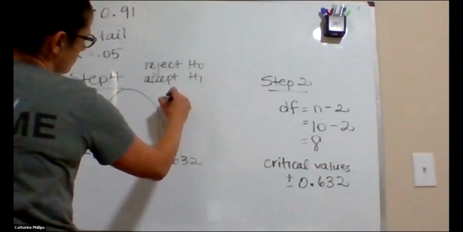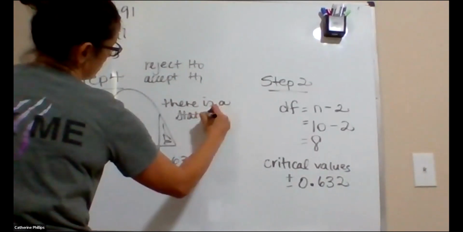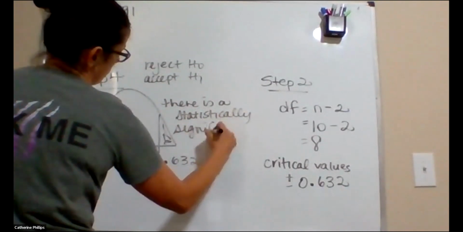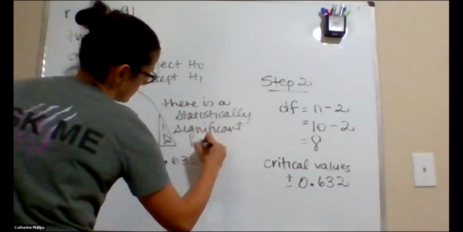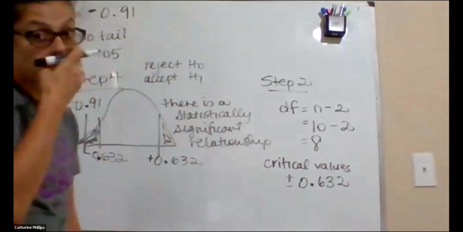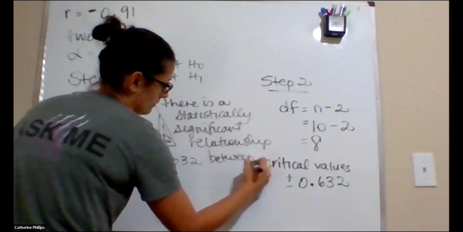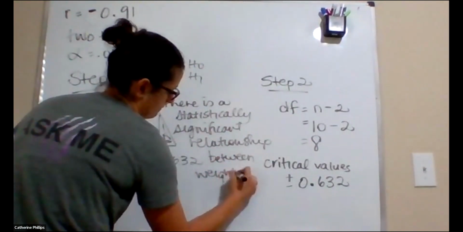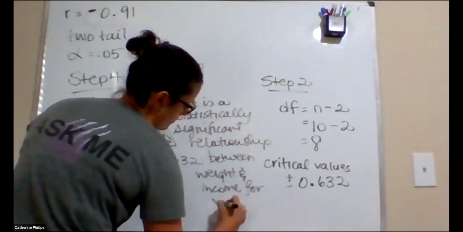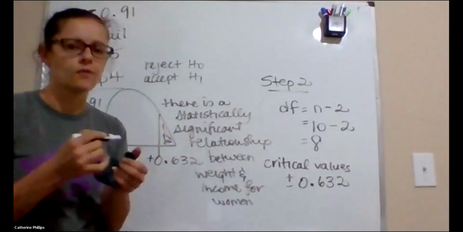And to interpret this, there is a statistically significant relationship, and we can pull this a bit further, between weight and income for women. Okay, just pulling it back to what the variables actually were.